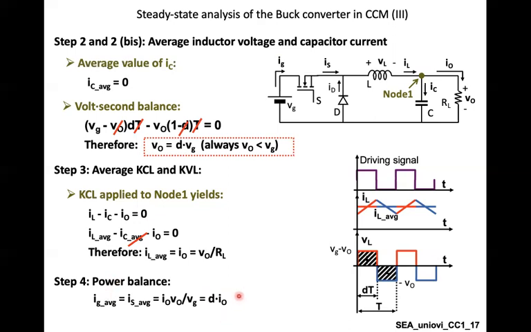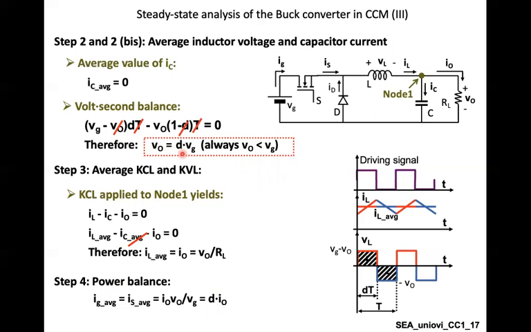Now, let's examine these two equations. The first equation in the red box tells us that the output voltage equals D times VG. So the output voltage will be reduced by a factor D, which is the duty cycle.